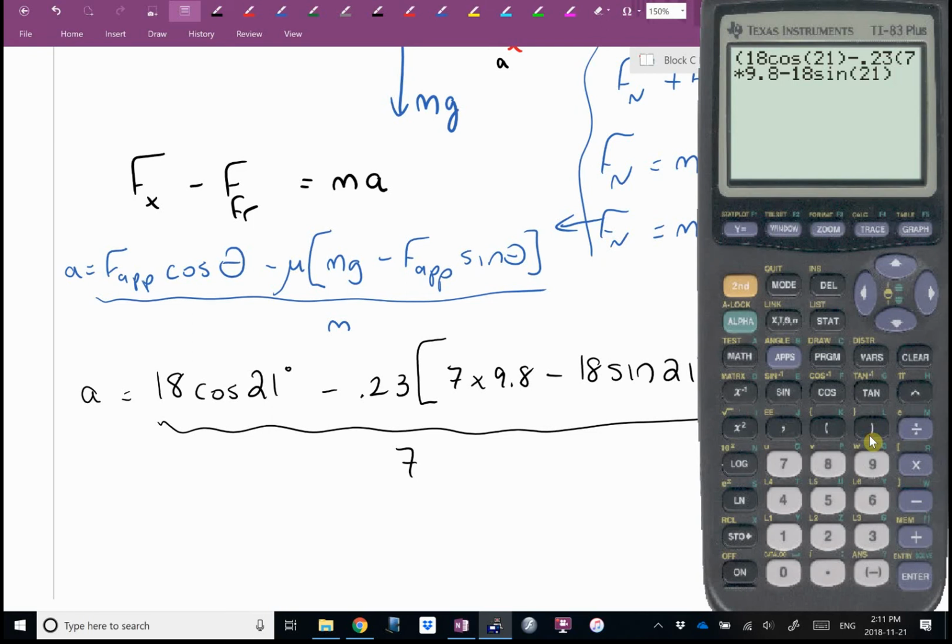Then I have to close off the normal force bracket. Then I have to close off the top, divided by 7. I think I typed that right. Do you get 0.3585844269? Yeah? So 0.359, if I round off properly.